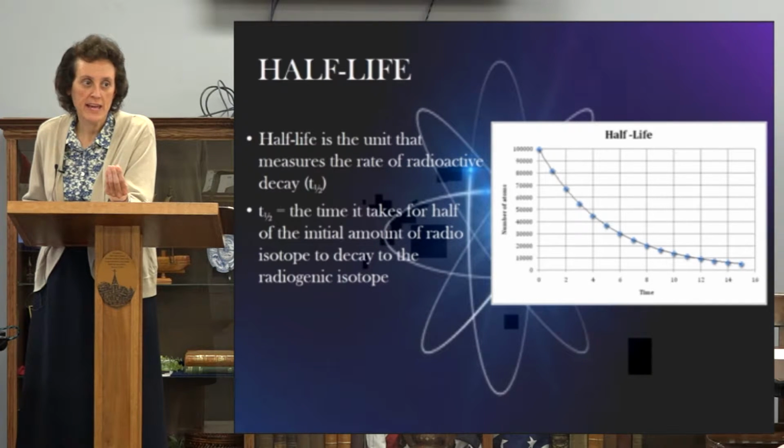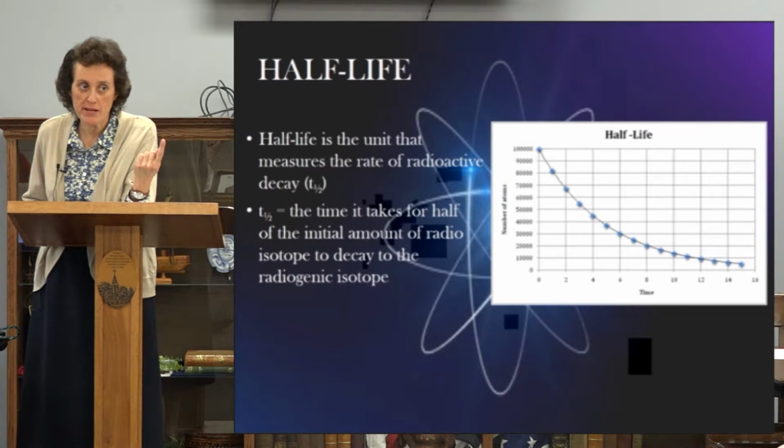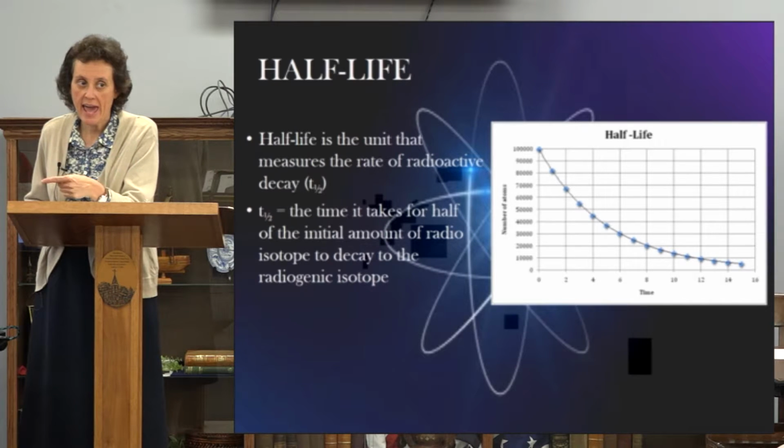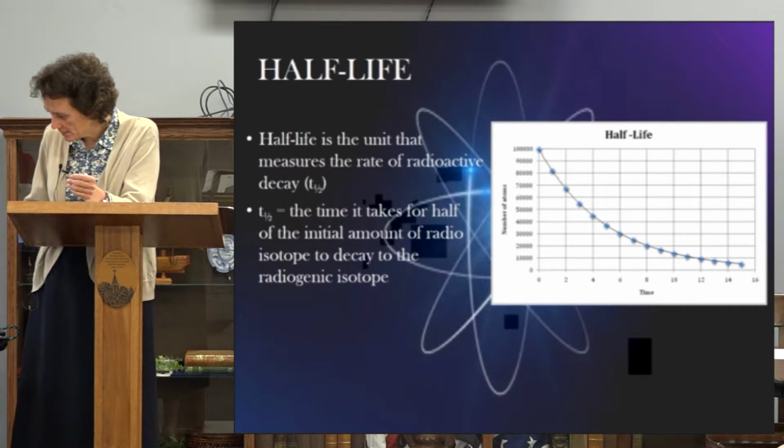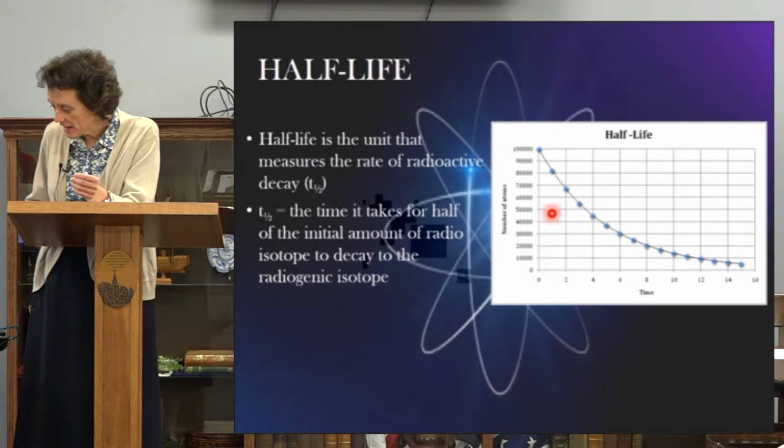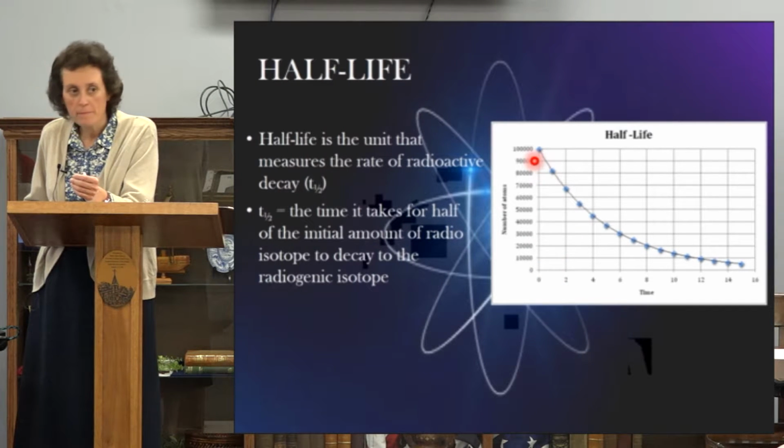So that would mean that at 1 half-life, half of the radioactive radioisotope, the parent, is present, and half is the daughter isotope. Okay, so you can see this is just the basic idea of a half-life. At time 0, it's all parent isotope.